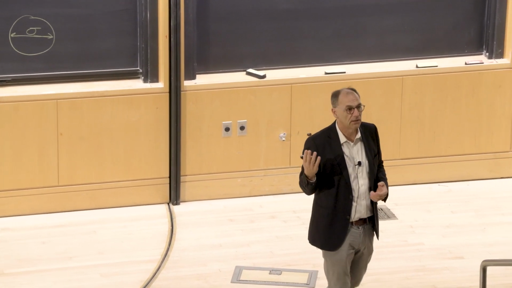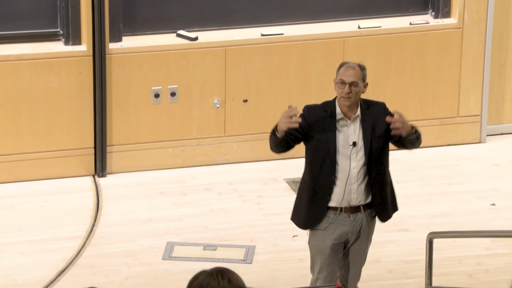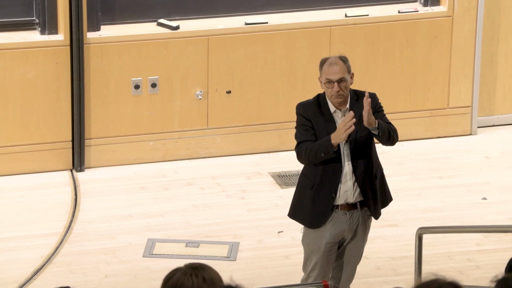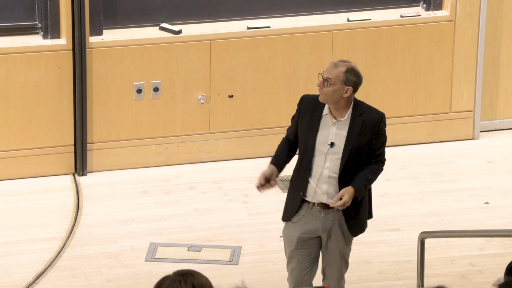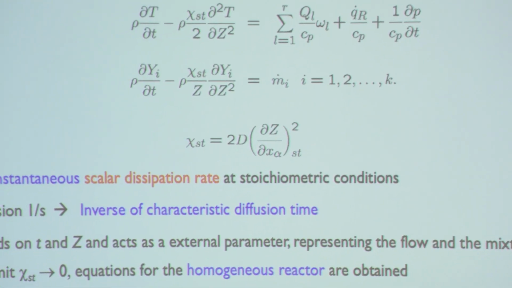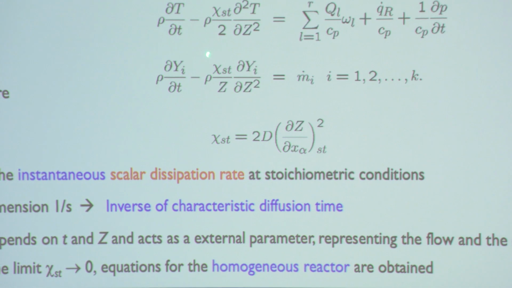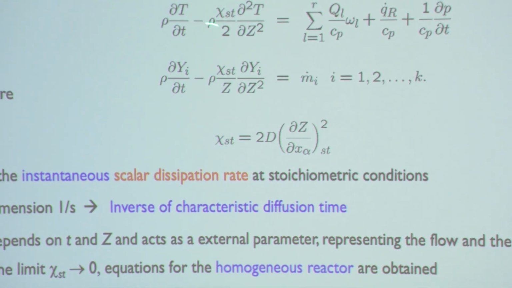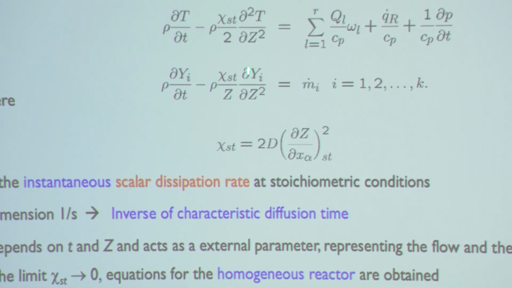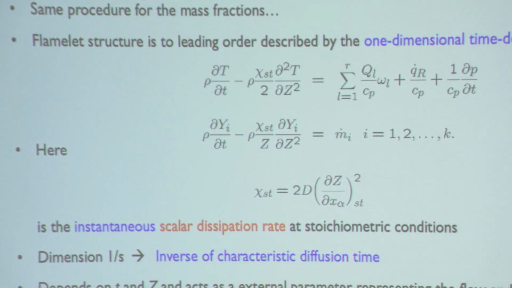How does that appear here? Well, if you blow harder, you make the mixture fraction profile more steep. If the mixture fraction profile is more steep, then this scalar dissipation rate will be higher, and this diffusion term will be stronger, and that in the same way can lead to extinction.